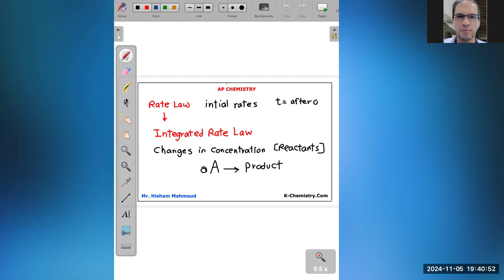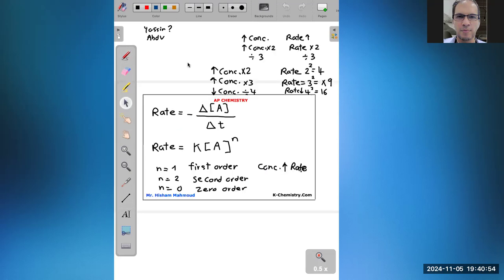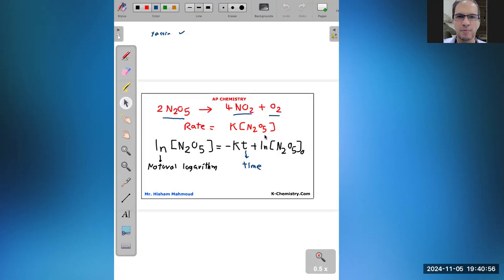But what if I want to make it at any time of this reaction, after 5 minutes, after 6 minutes, after 2 seconds? Then you can just use this equation where the t is the time and ln is the natural log of the concentration at this time. So natural log of N2O5 concentration at time t.